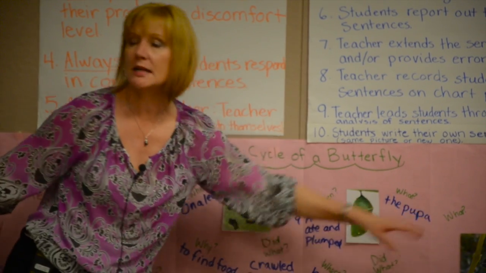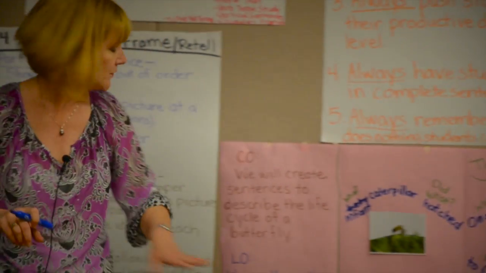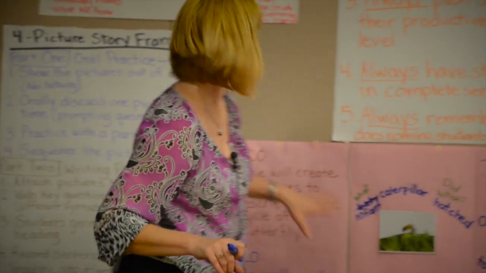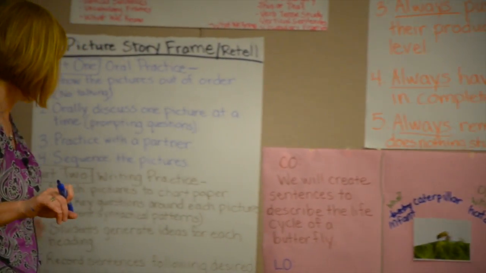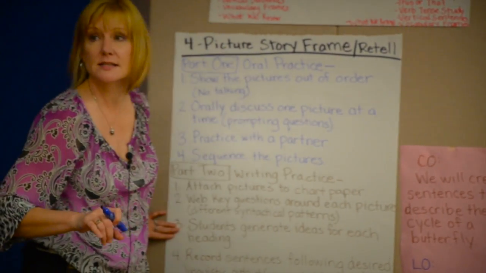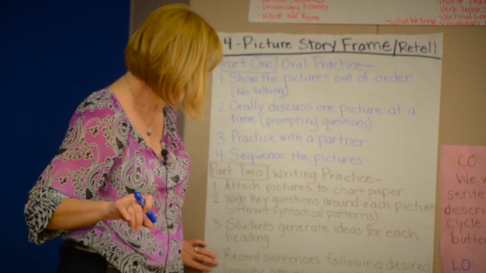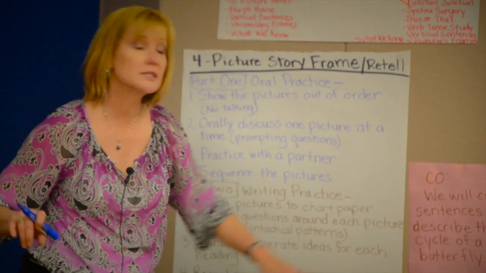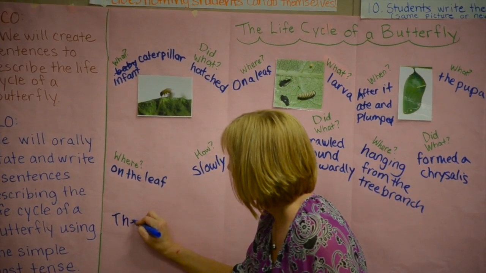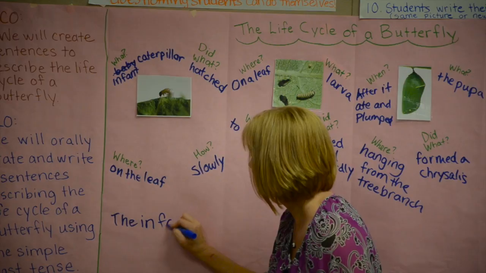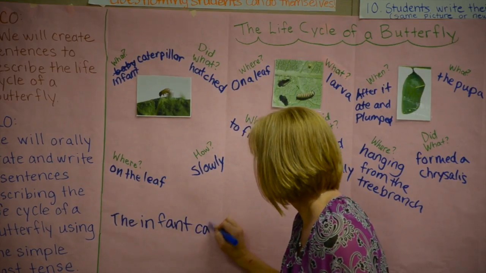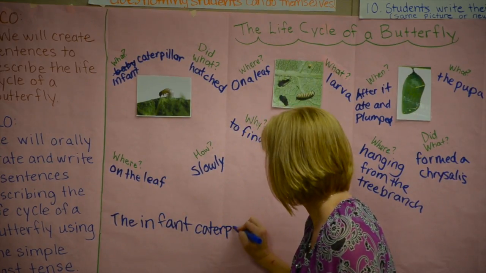And then you would do the same with the last picture. So then the last step that you would do, where are our steps right here? We've recorded the ideas. Now we're going to record sentences using these ideas and using them in order. So start off and tell me the what. Okay. The infant caterpillar did what?